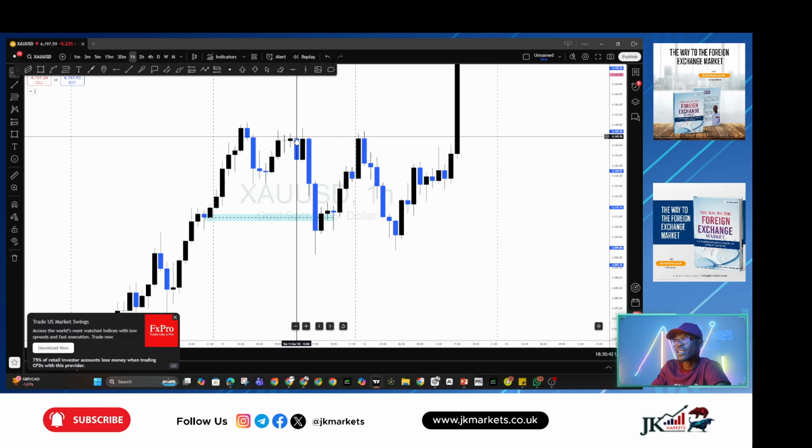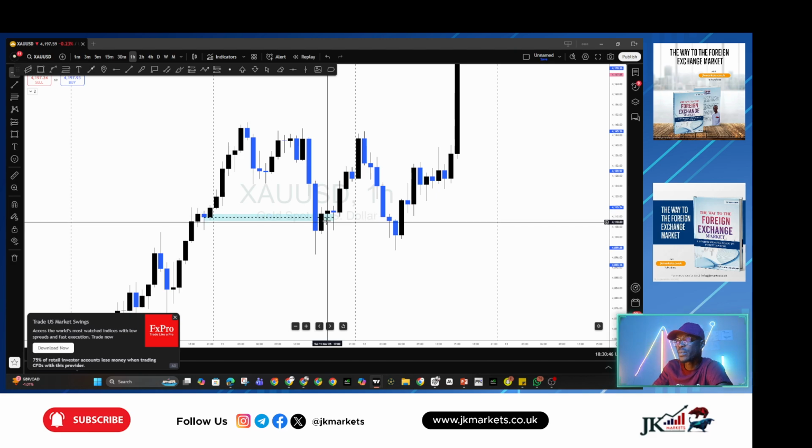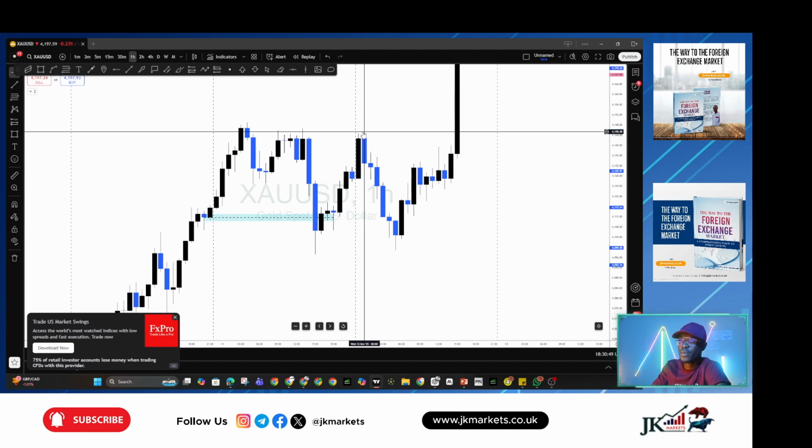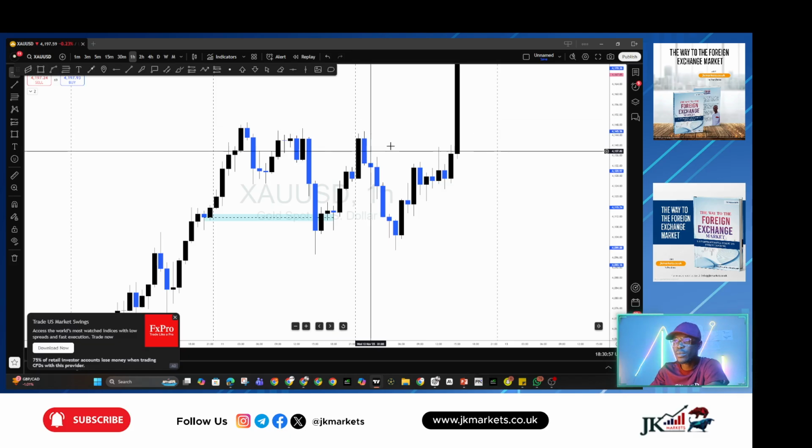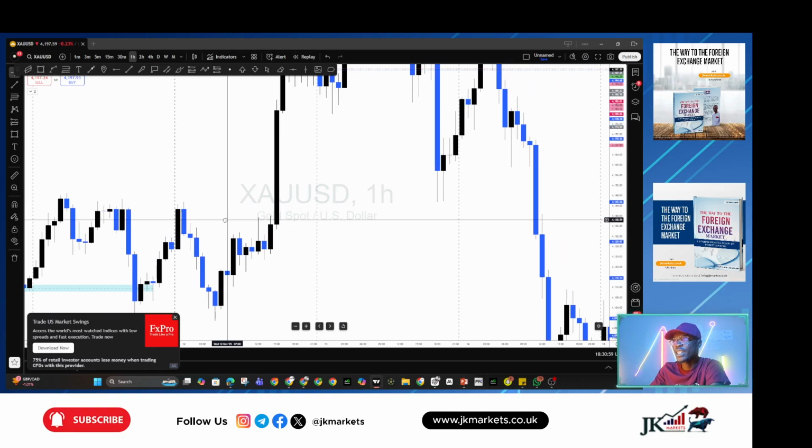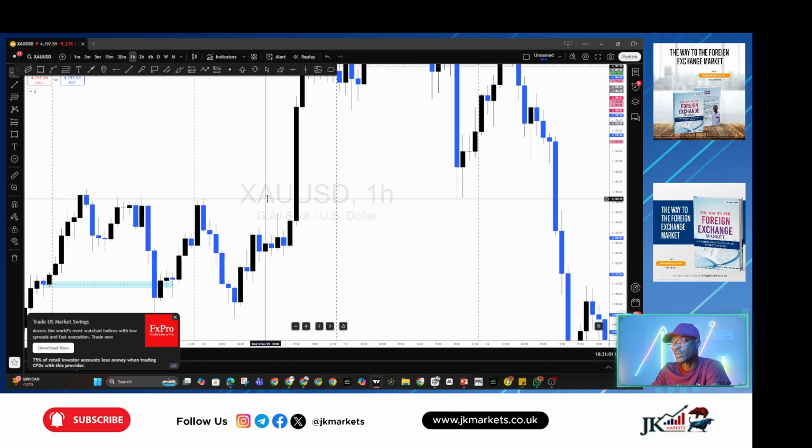You notice that after the pair reversed and touched the order block or demand zone, the pair moved up. And that can happen with the buy scenario as well, or the sell scenario. So that's for order blocks and breaker blocks.